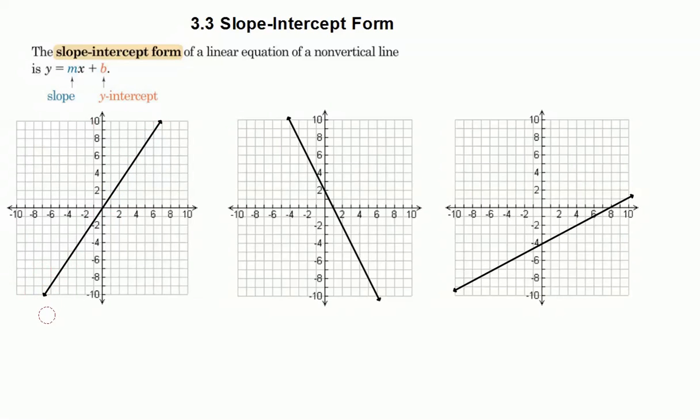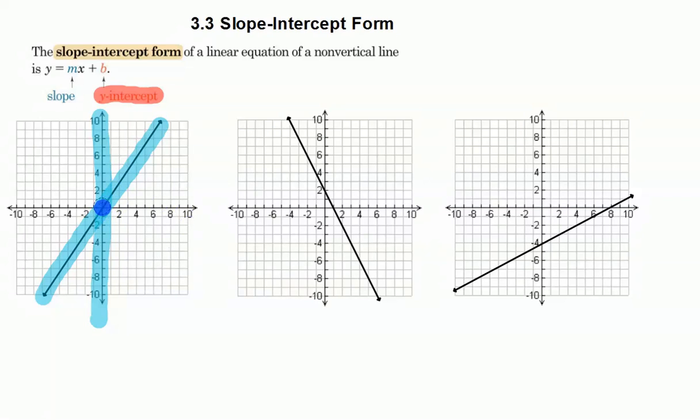I have a line crossing, and the first thing you should notice is what's going to be our y-intercept. Our y-intercept is where this line right here is crossing the y-axis. So here's our y-axis. Our intersection between those is going to be right here.